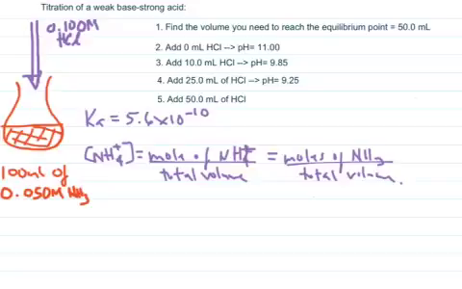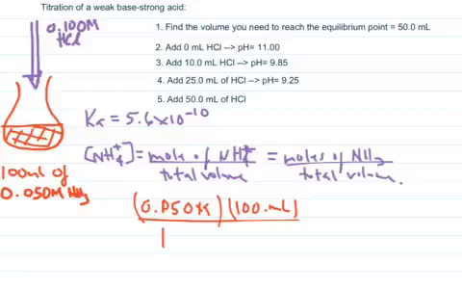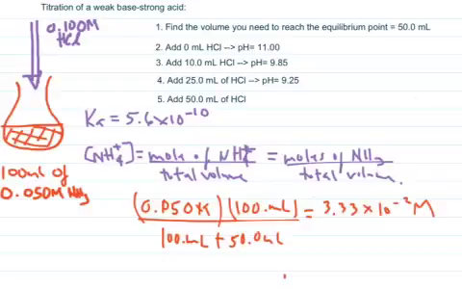So we take our molarity, 0.1050 molarity of ammonia, multiply it by how many milliliters we used all over our total volume. We had 100 milliliters of ammonia, and we added 50 milliliters of hydrochloric acid, and we're going to get 3.33 times 10 to the minus 2 molarity.